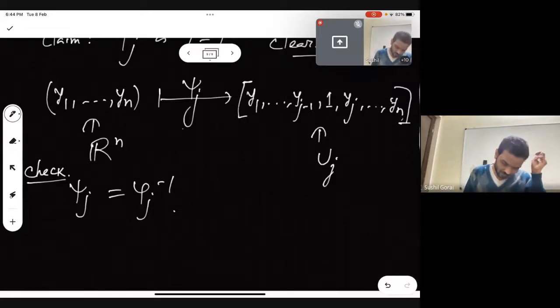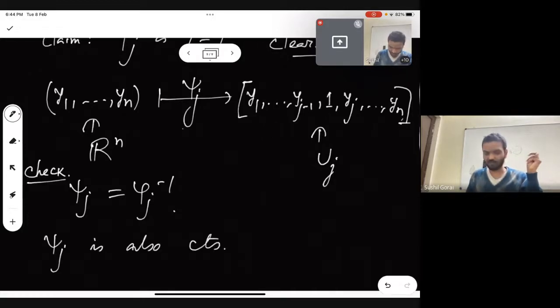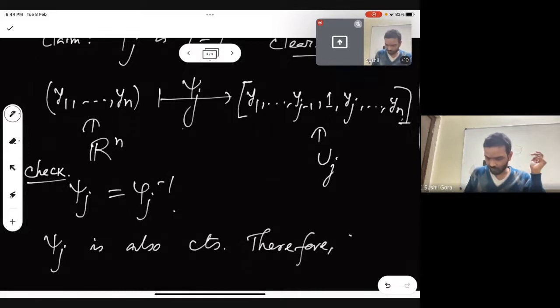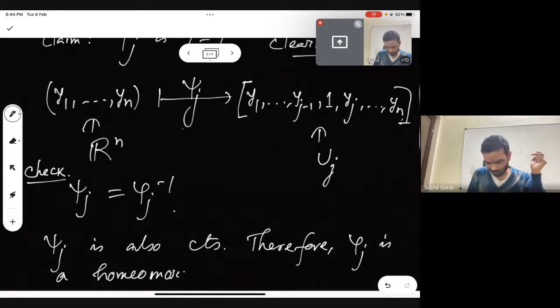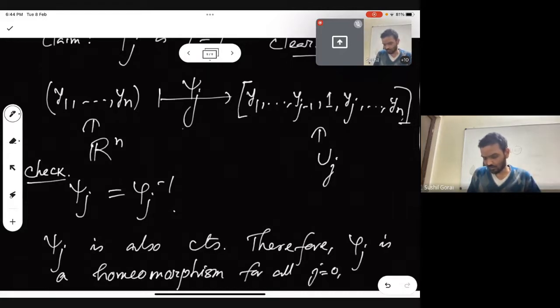And psi j is also continuous. Therefore phi j is a homeomorphism for all j from 0 to n. All right.